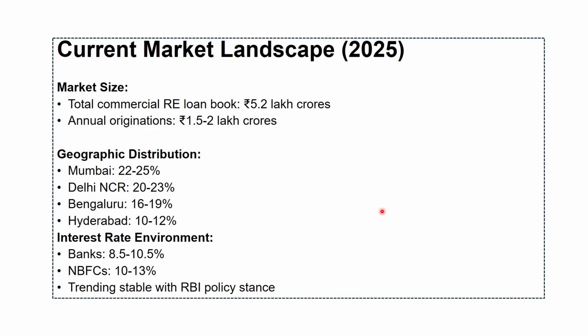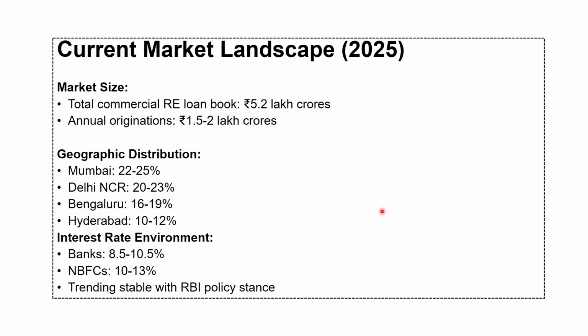Interest rate, if we are talking about, for banks, interest rate is somewhere around 8.5 to 10.5%. Then NBFCs, of course, higher side, that is 10 to 13%. And these are trending stably as per the RBI policy stance.